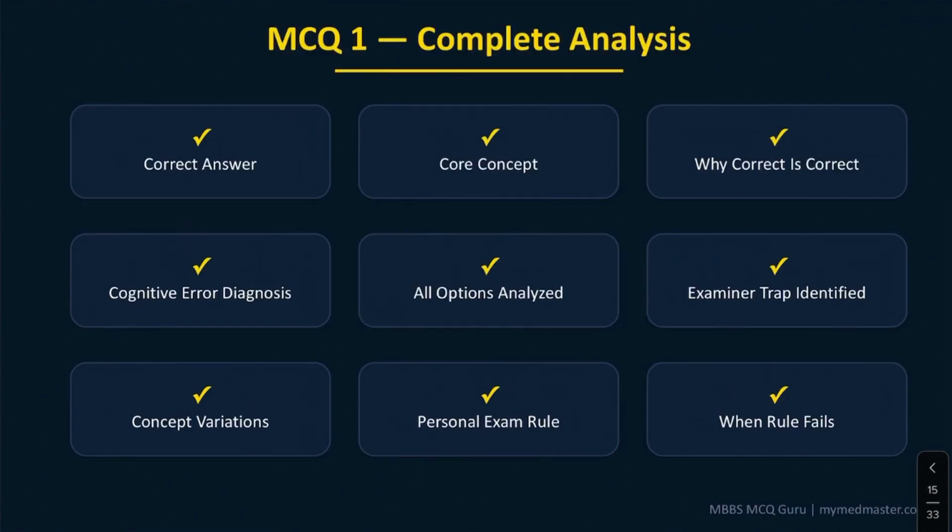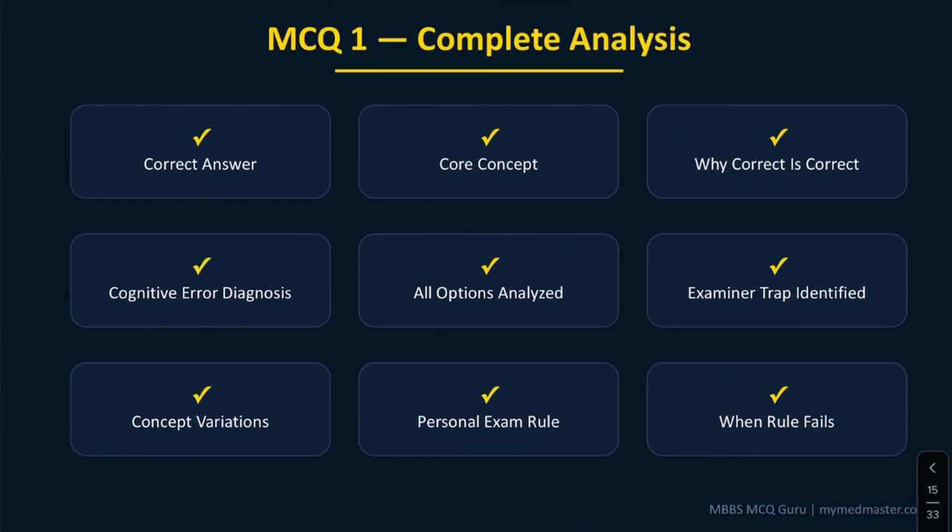So you can see that this tool has 9 sections, right from what is the correct answer, what is the core concept, why the correct answer is correct, the cognitive error diagnosis, all options analyzed, the examiner trap identified, what are the concept variations for the particular topic, your personal exam rule book, and what are the exceptions to this rule book.